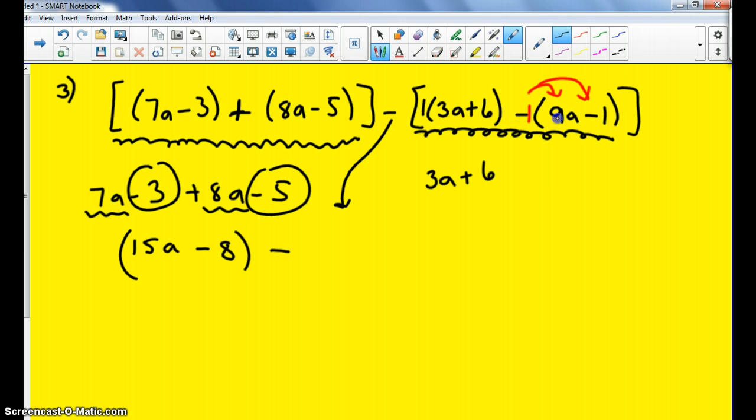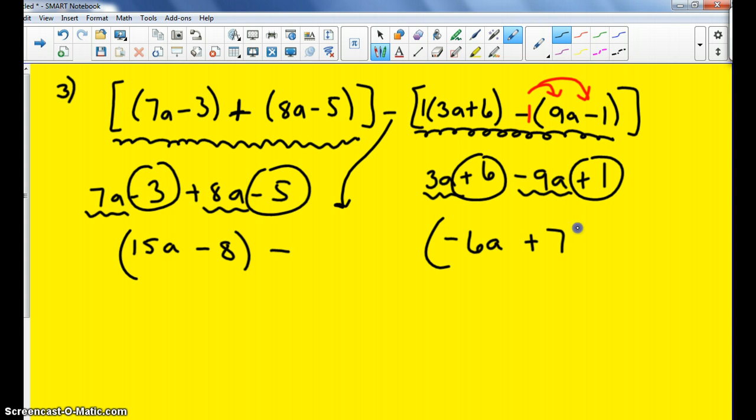And then negative 1 times 9a is negative 9a, negative 1 times negative 1 is plus 1. Combine my like terms. Please use your calculator and do 3 minus 9. Negative 6a. And then 6 plus 1, what does that give you? 7. Put parentheses around it.